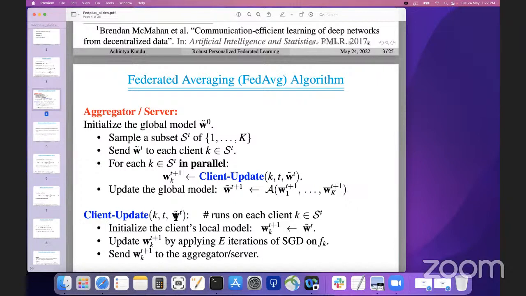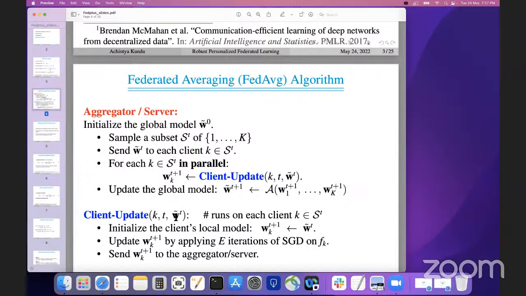Somebody runs 100 iterations, somebody may run 1,000 iterations. And then maybe there is a defined time, that by this time you return the model. So whoever actually returns the model by that time, the server will take those models and aggregate. If somebody comes after that, it is not considered. So this is kind of a synchronous approach.